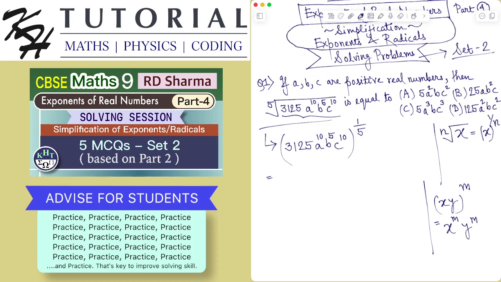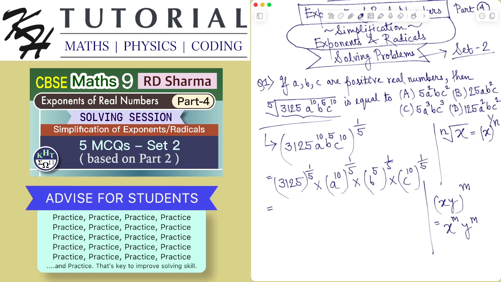So this will become 3125 raised to the power 1 by 5 multiplied by a to the power 10, this whole raised to the power 1 by 5, multiplied by b to the power 5, this whole raised to the power 1 by 5, and finally c to the power 10, this whole raised to the power 1 by 5.